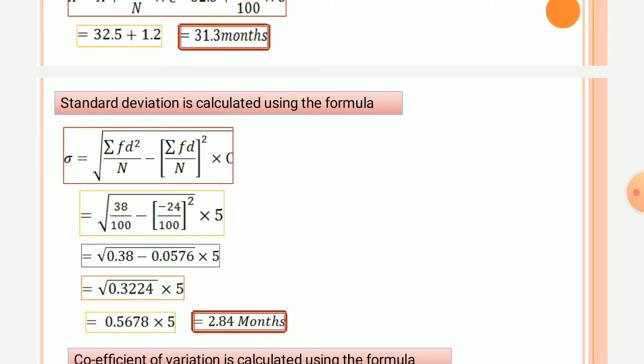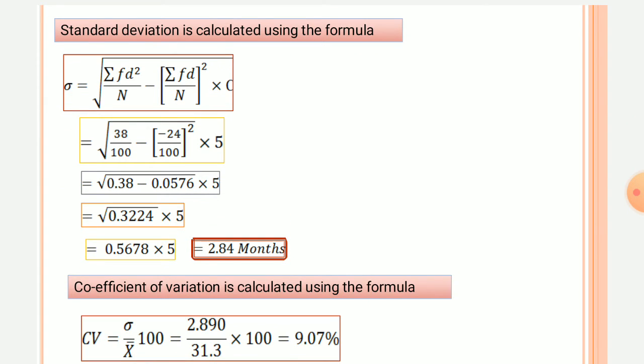Similarly calculate standard deviation. Standard deviation can be calculated as sigma is equal to root of sigma fd square by n minus sigma fd by n whole square, into c. Now sigma fd square 38 by 100 minus 24 by 100 whole square, into 5.